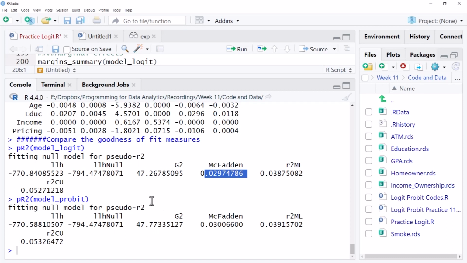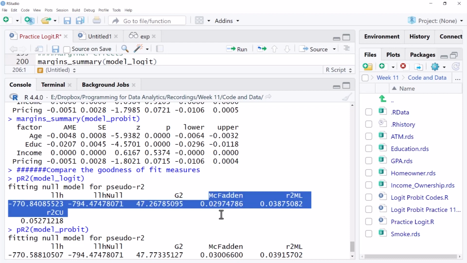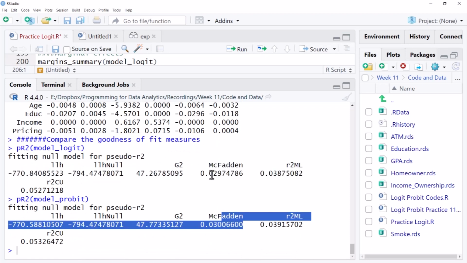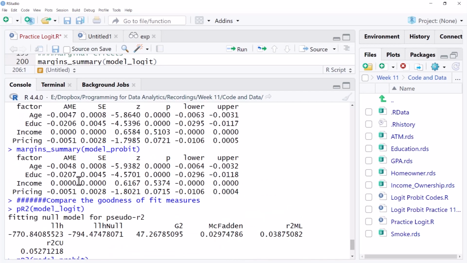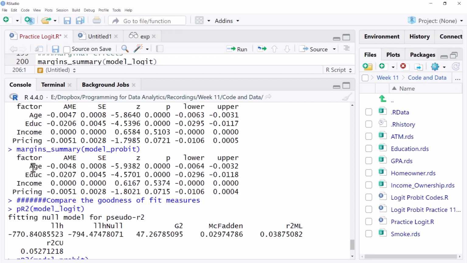For example, I want to know whether the age variable should also go as a square and cube or nonlinear term. Then you can compare the form and shape of the variable with these measures. But if you want to know the importance, significance of the variable, these results are more important, where with p-value we saw that age, education and pricing were important.